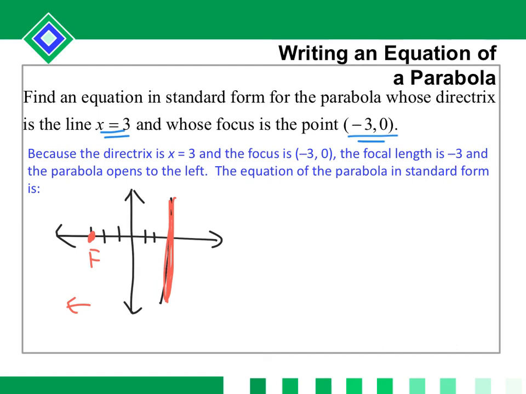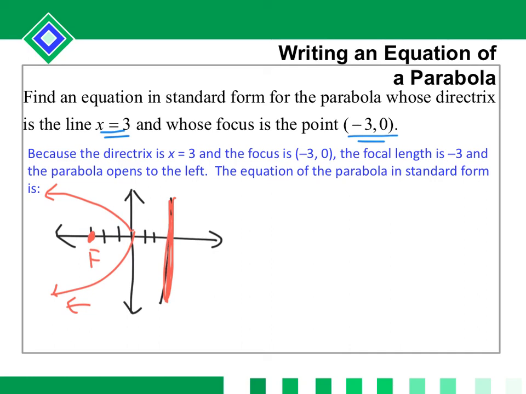Since it's opening sideways, it will be plus or minus square root. If I wanted to graph it, I can do that in a graph. Okay, so that's my graph right there. That's my sketch here.